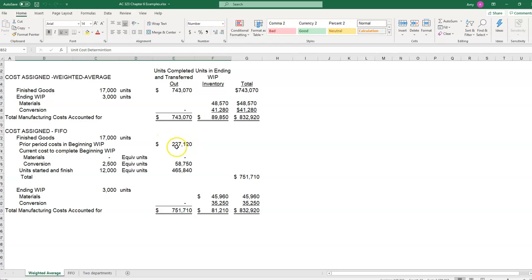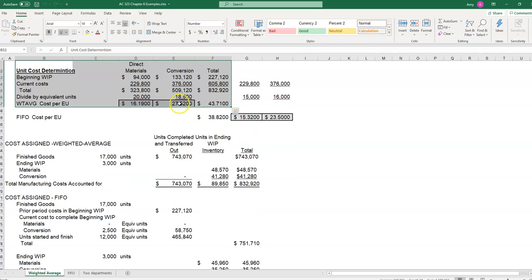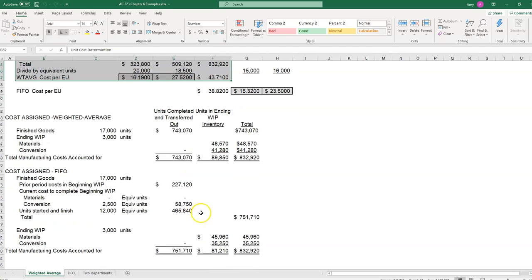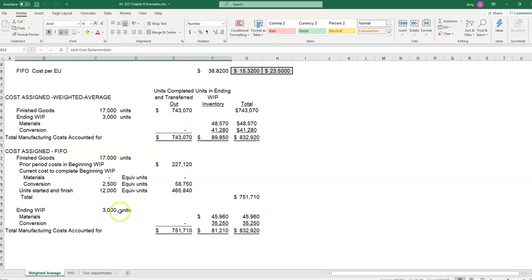So we have the prior period costs that were added in up here with the weighted average. We keep those separate. Then we add in the cost that it was to finish our products, and then we have our ending 3,000 units. You'll see that we still have the same exact manufacturing costs under both methods, but how they get applied to the products is slightly different.